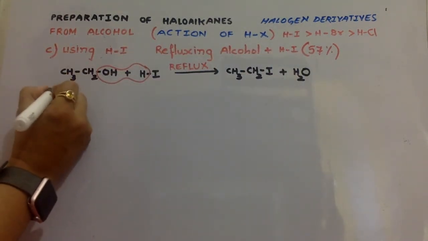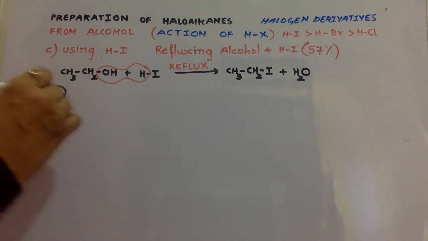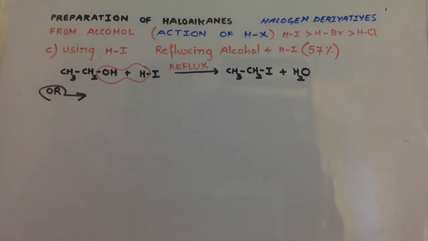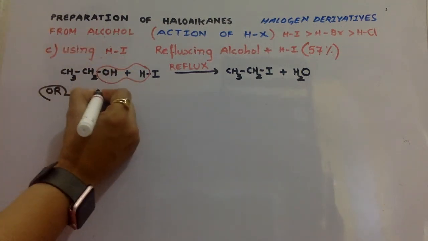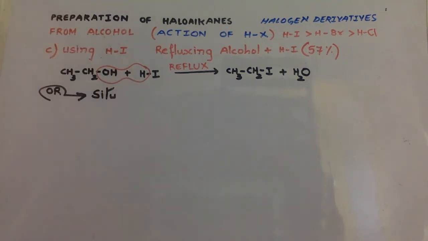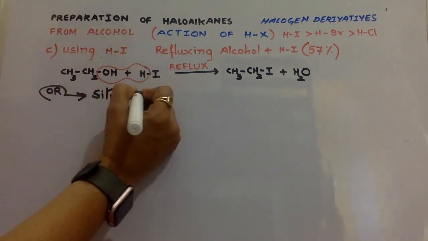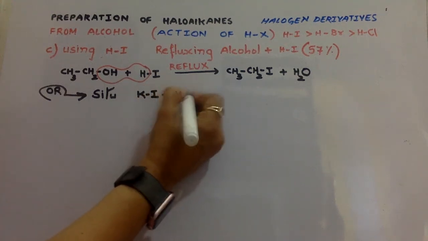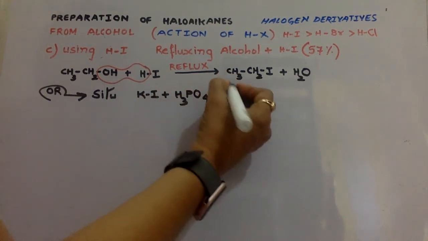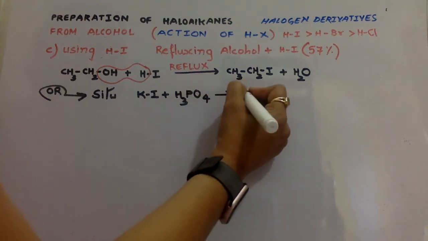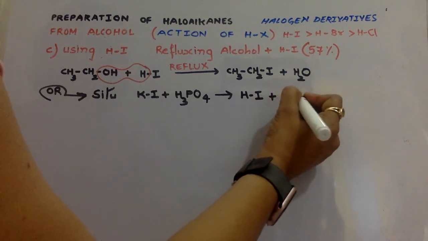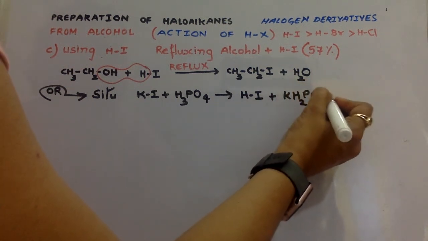Or children, here also we can freshly prepare HI in situ by treating KI with 95% phosphoric acid. KI plus phosphoric acid, H3PO4 95%, gives HI plus KH2PO4.